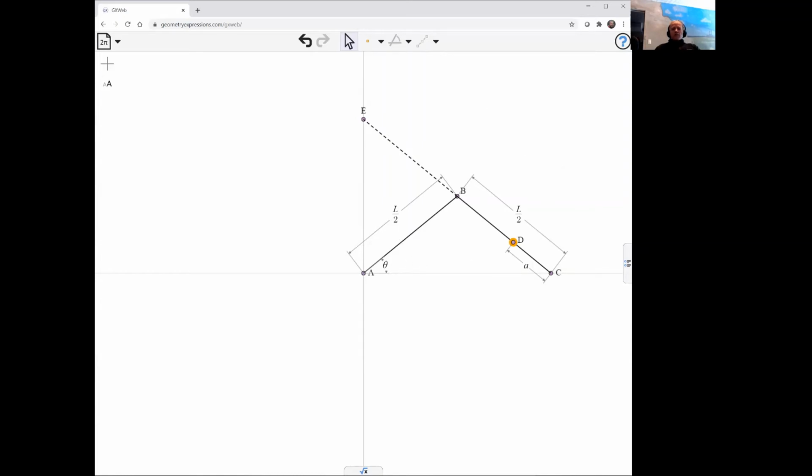Now I'm going to get theta just to vary from minus pi/2 to positive pi/2. And let's look at the locus of D as theta varies.